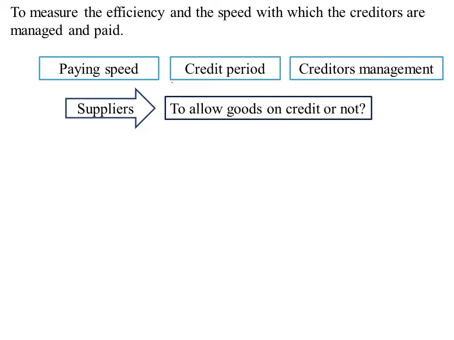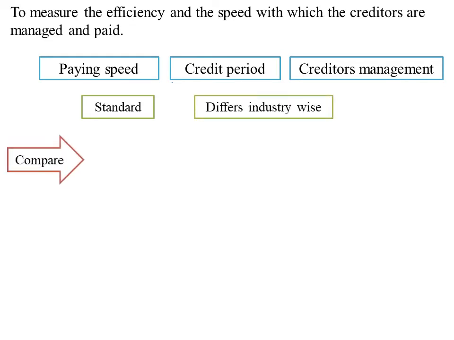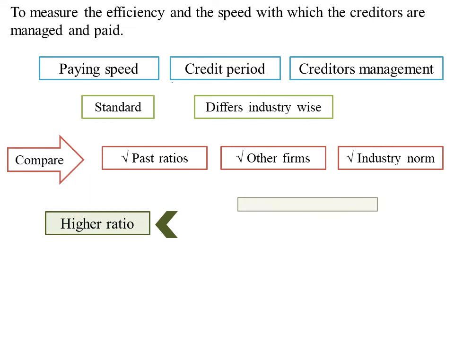And there is no standard or ideal set for this ratio. Standard varies industry wise. It can be decided by comparing a firm's ratio with its past ratios or with the ratio of other firms in the same industry or with industry norms. In general, a higher ratio shows good cash flow position and credit rating.